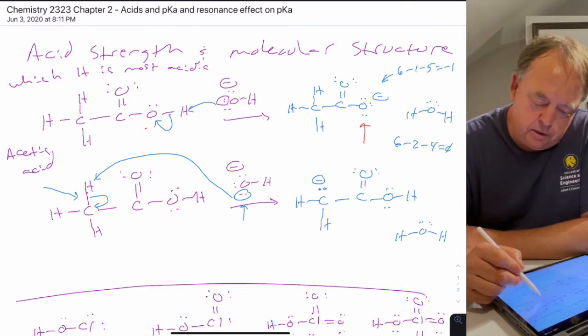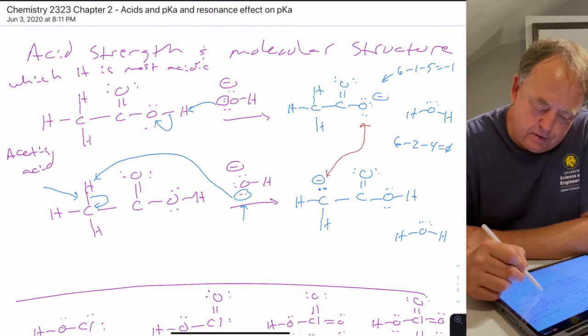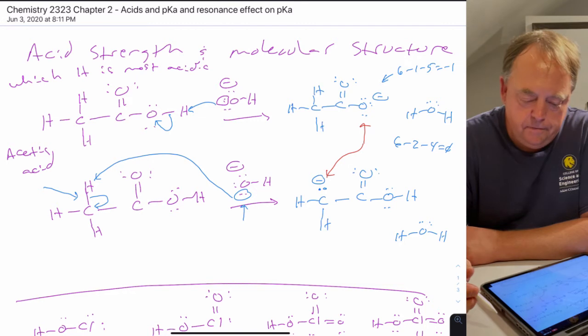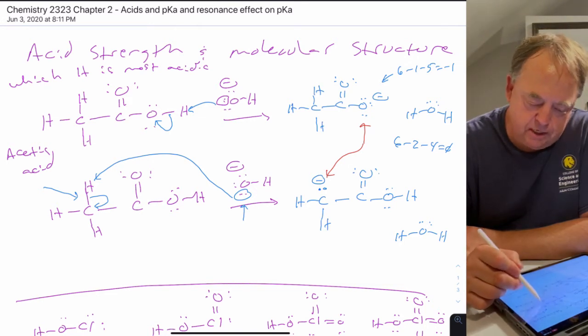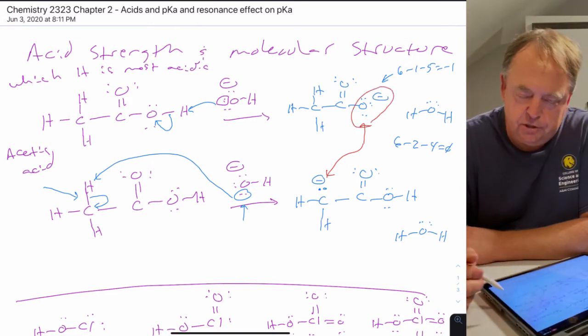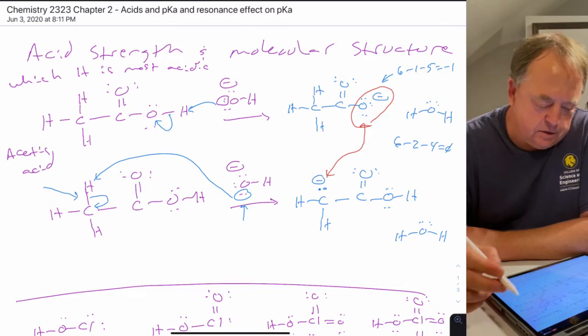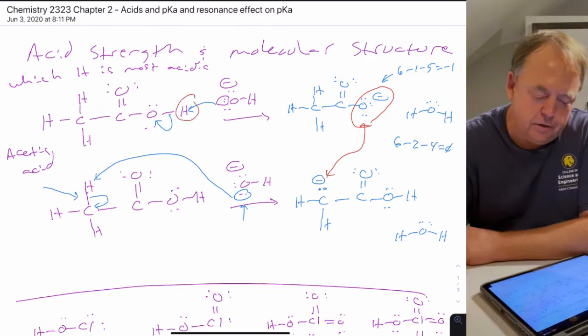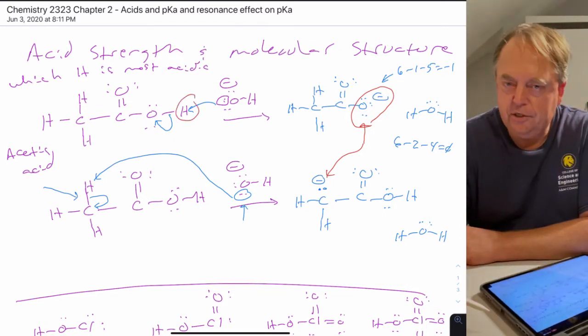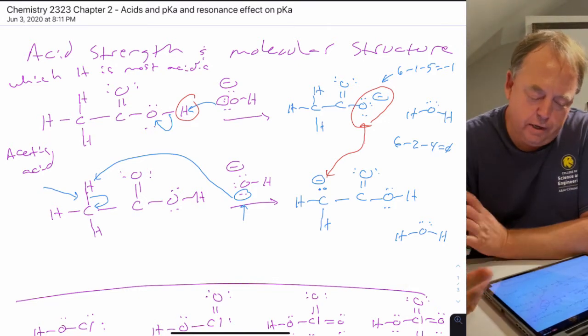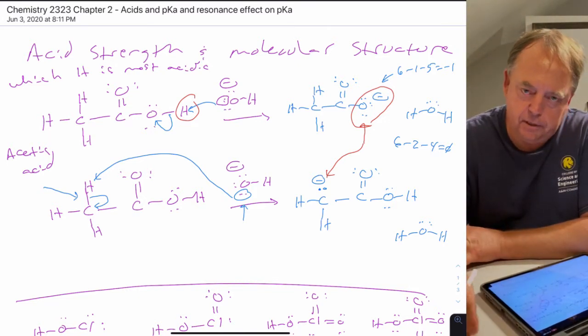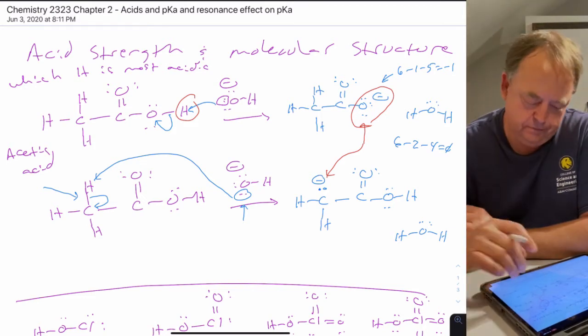So is it better to put the negative on oxygen, or on carbon? Of course, it's better to put the negative on oxygen because oxygen is more electronegative than carbon. So the most acidic hydrogen in that molecule is the hydrogen on oxygen. That's usually the way it works. The hydrogen on the most electronegative atom is the most acidic hydrogen in a molecule.